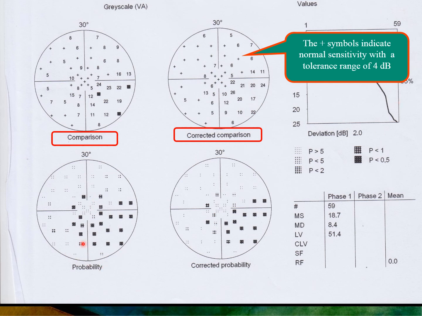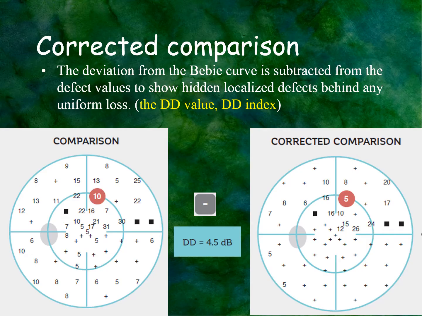And down here we have the probability plot of these points. Again, similar to the Humphrey, we have here corrected comparison. But the corrected comparison is calculated in a different way. The deviation from the Bebe curve is subtracted from the defective value to show hidden localized defects.